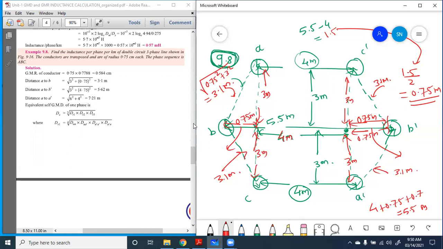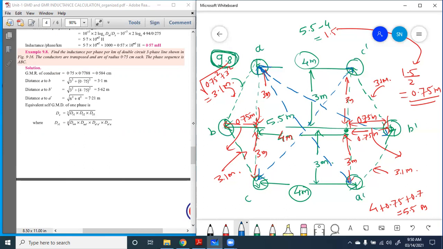Now these are the distances. Again, which type of distances do we need to calculate during the calculations? Suppose we take a different color. Distances like conductor A to A', similarly C to C', similarly this distance also we need to calculate: AB'.